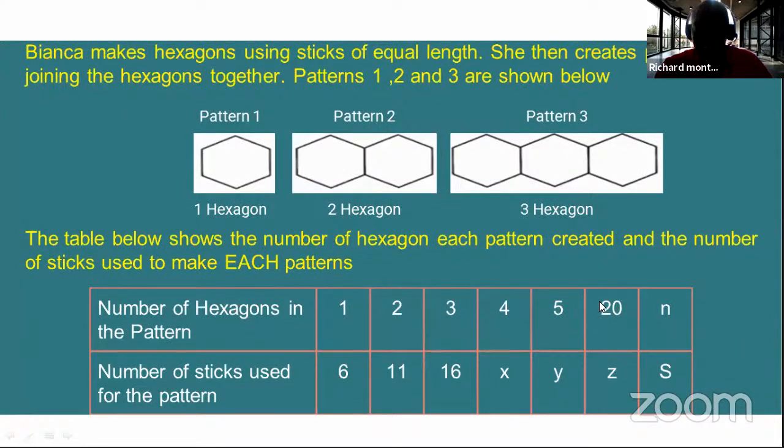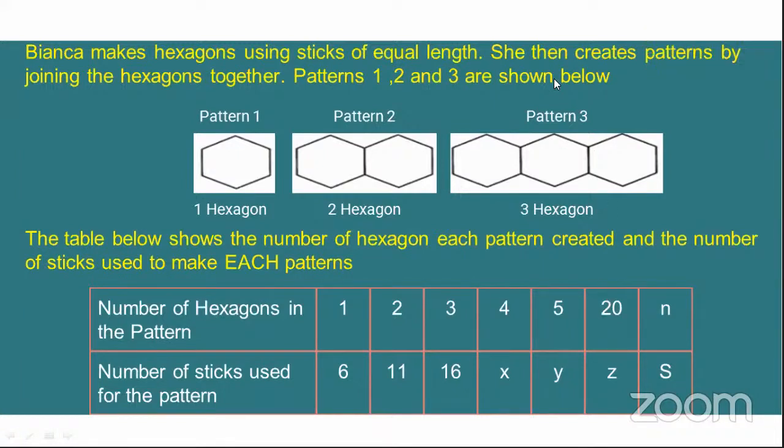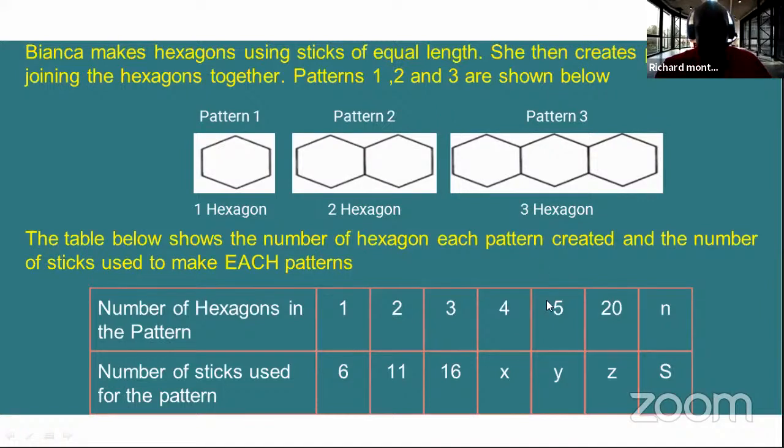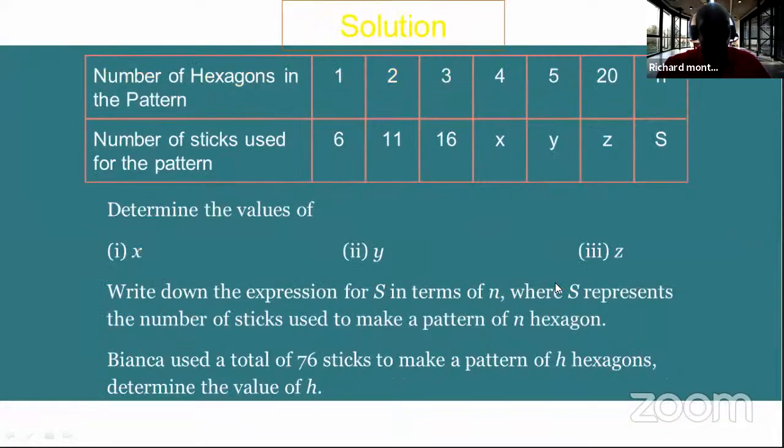And for the 20th term, it would be 5 times 20 plus 1. So I'm seeing Brooke, Watson, Simpson agreeing with you with 5n plus 1. Simpson is saying 5 times 20 plus 1. All right. Great going, my detectives.